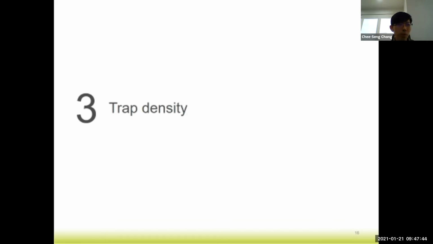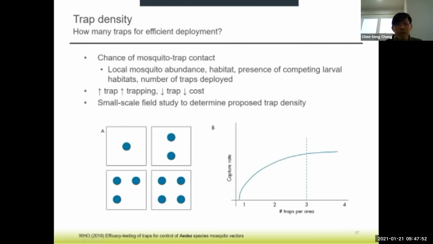Now there's a bit of a question about how many traps you use in the environment and so on. So just to have one slide to touch on trap density. Very simple. In fact, I've taken this from a pretty recent WHO document that talks about some of the recommendations as to how you can do efficacy testing of traps for control of Aedes species mosquito vectors.